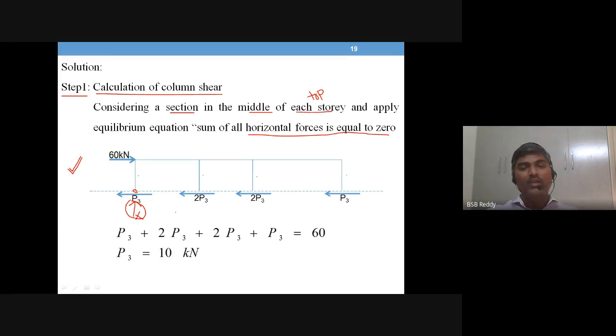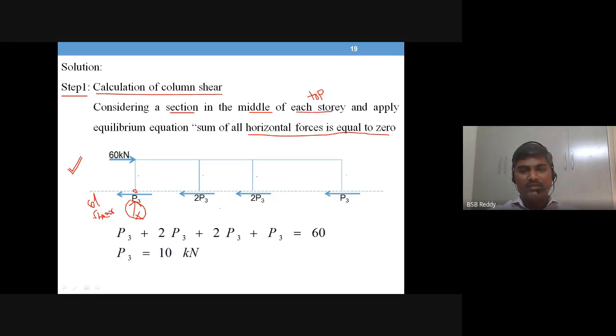Okay, right? So let us now apply the notation for horizontal reaction. That means column shear. What do you call this? Column shear. So it is a column shear, right?